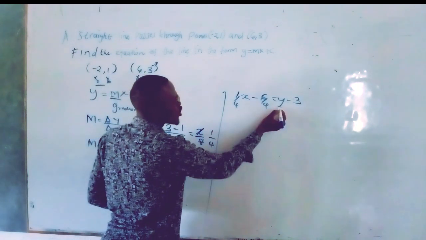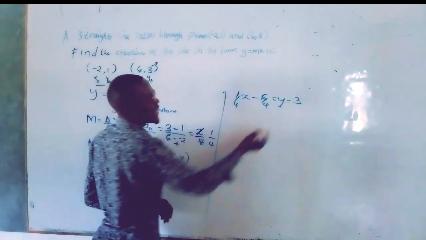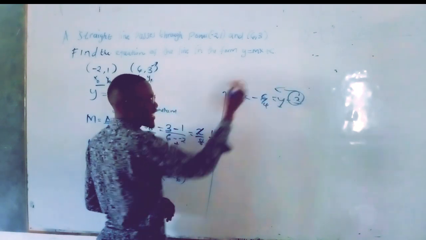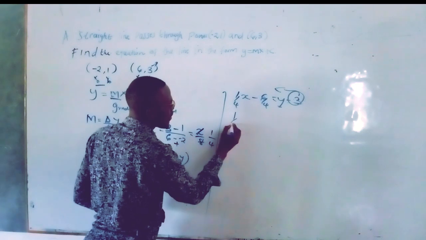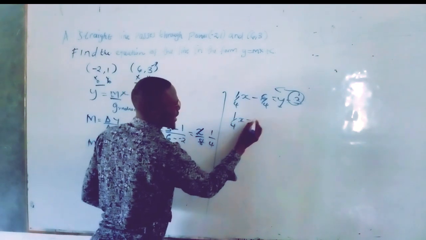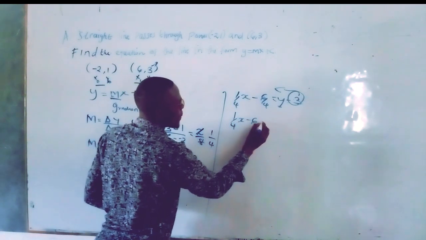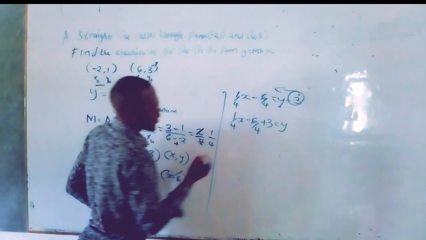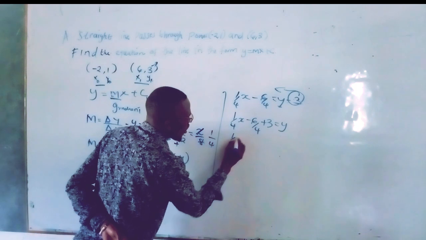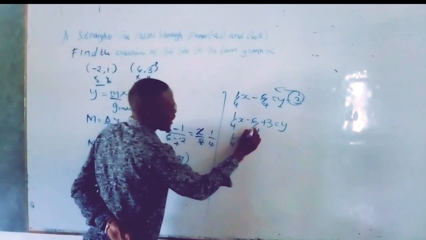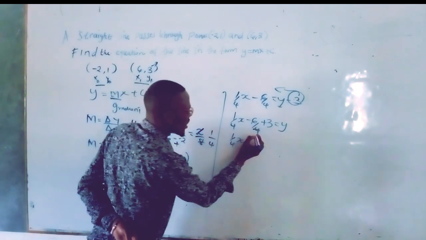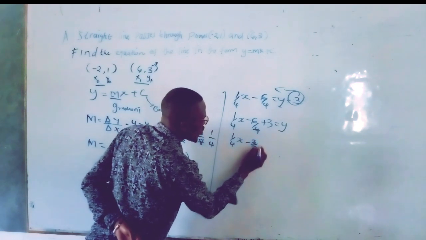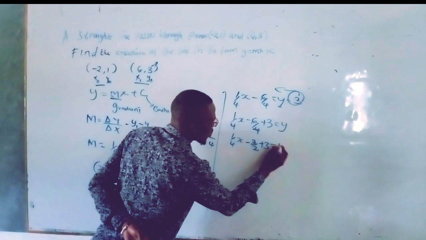Because I want to be left with y on one side, I take this minus 3 to the other side. Now remember, you carry the sign. That means 1/4 x minus 6/4 plus 3 gives me y. When I simplify, 1/4 x minus 3/2 plus 3 is equal to y.